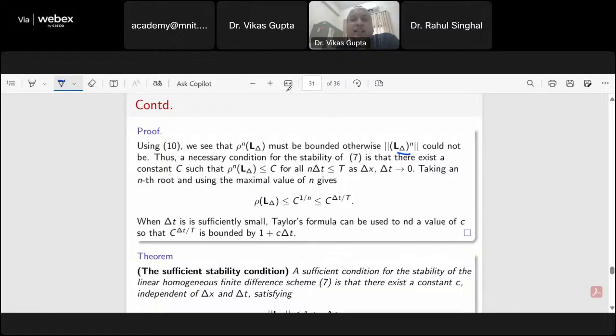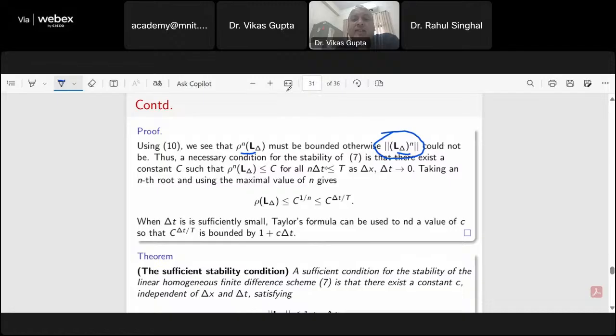Thus, a necessary condition for the stability, because we know that our finite difference scheme is stable if we are able to bound this term, and that bound should be independent of mesh parameters and initial conditions. So the necessary condition is that this term should be bounded.